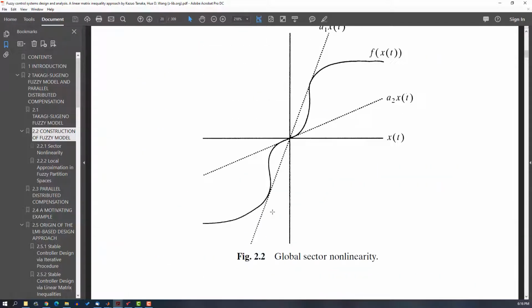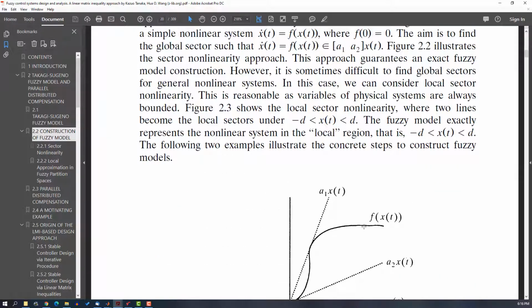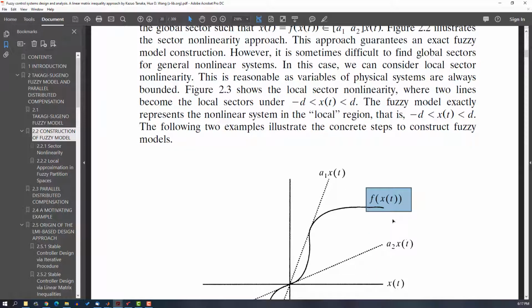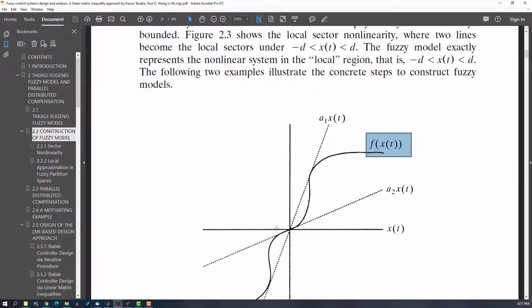So come back here. For example, here you have a nonlinear sector called f(x), and you assume that your state will only act in a range. The physical system for sure.